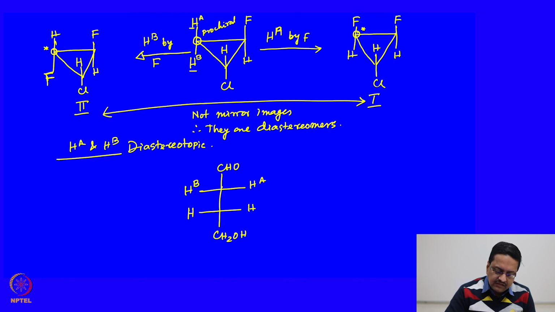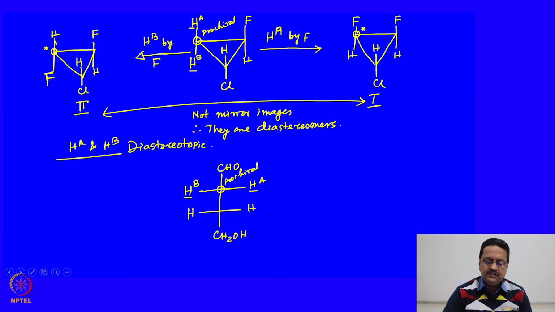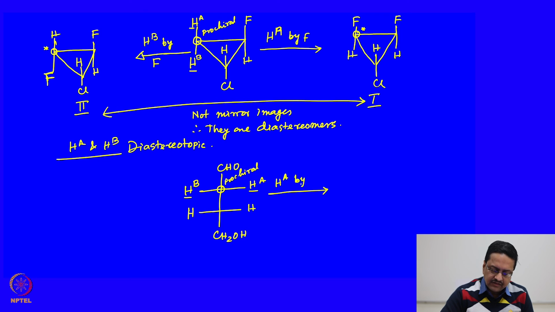Similarly, here you see that this particular carbon is prochiral, and these two hydrogen atoms HA and HB are not related by any symmetry. So, now if we replace HA by OH, I am sorry, here I think it should be OH.